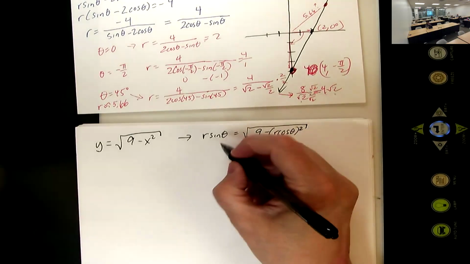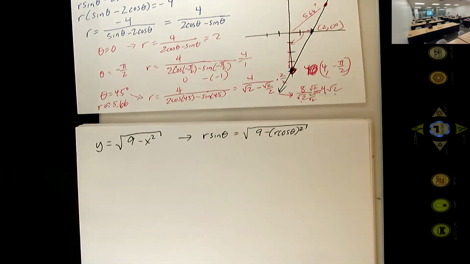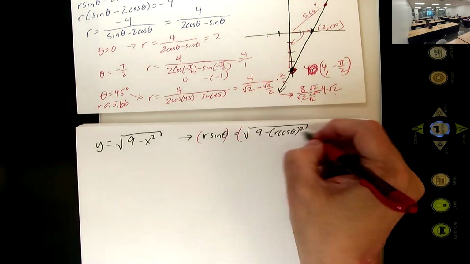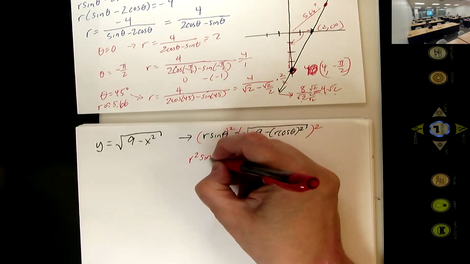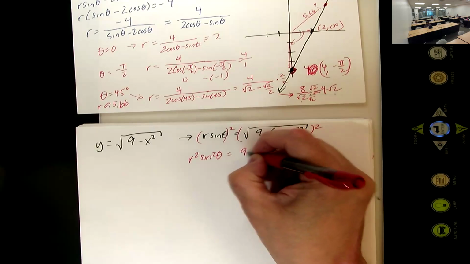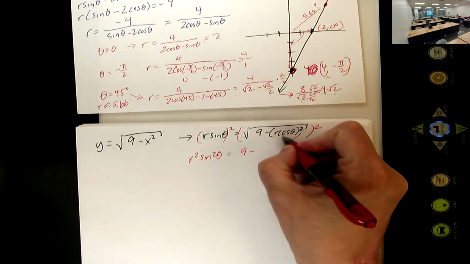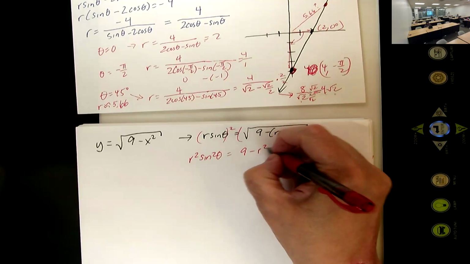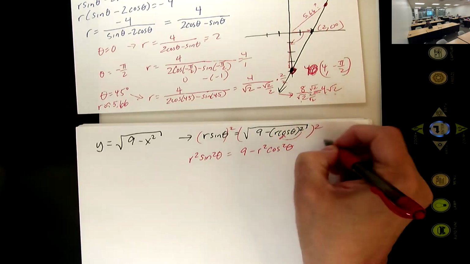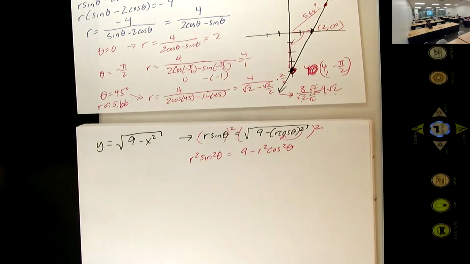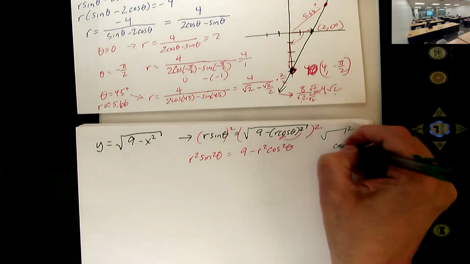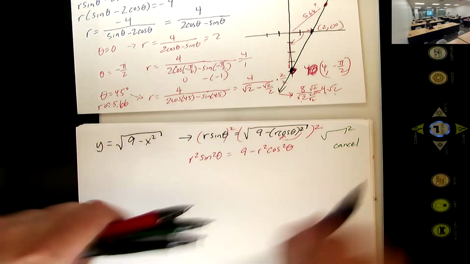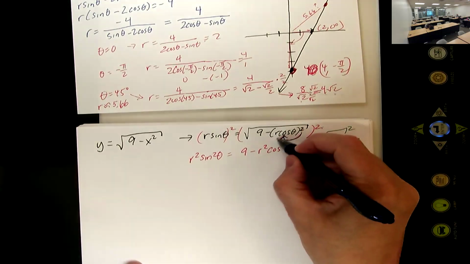If I square both sides, I get r squared sine squared theta equals 9 minus, and this square I'm going to distribute, r squared cosine squared theta. The square root and the square cancel, and then here I just distributed this square to get that.